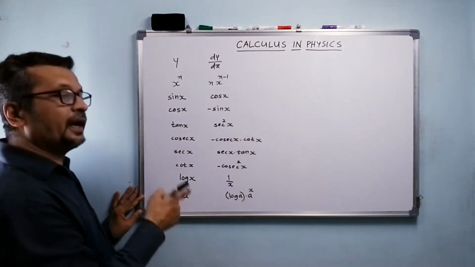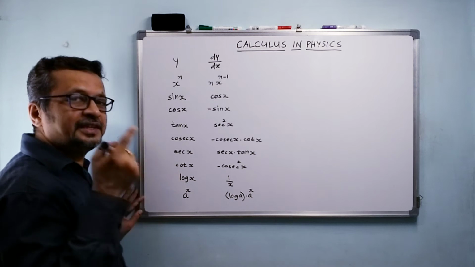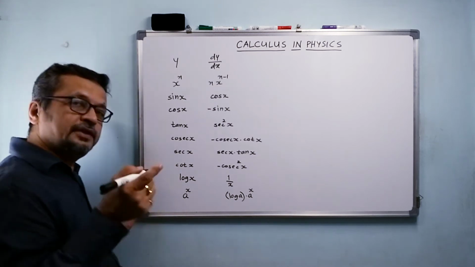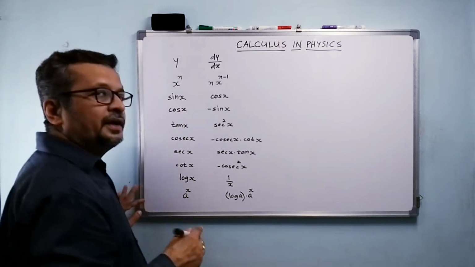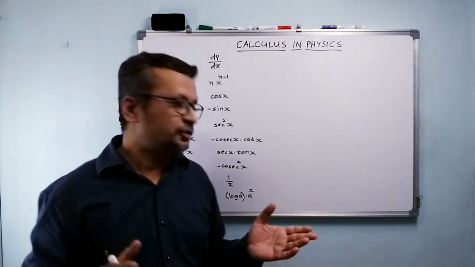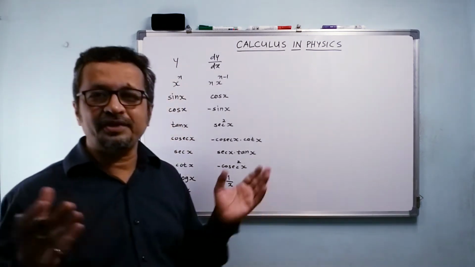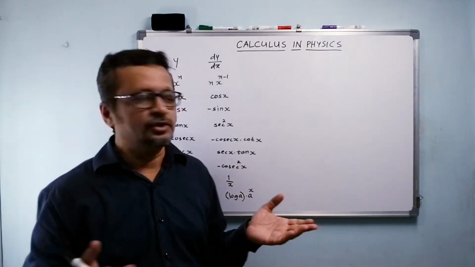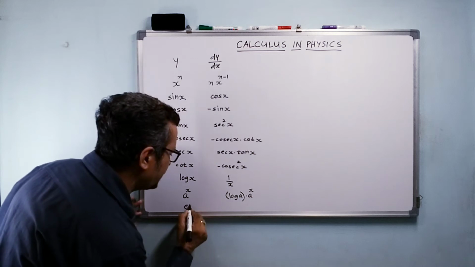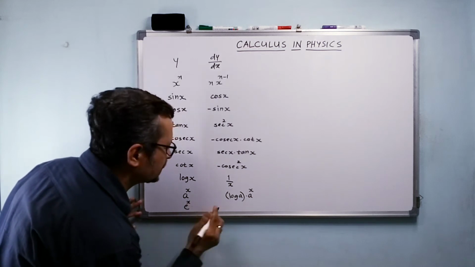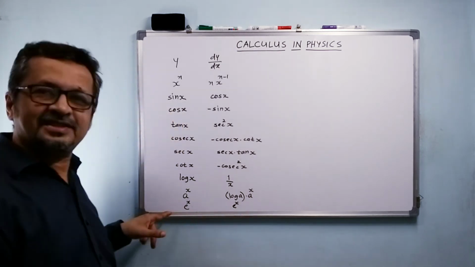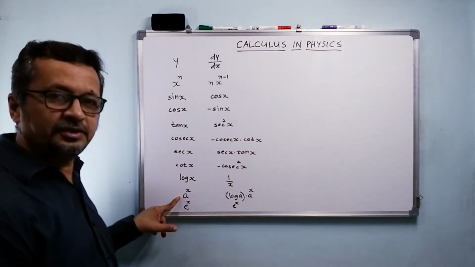Now here I can have e raised to power x. Now what is that e? E is the Euler's constant. And if it is e raised to x, then derivative of e raised to x is going to be e raised to x into log of e, but then natural log of e is going to be equal to 1. So if it is e raised to x, then its derivative would be e raised to x. But then it is just a special case of this result.